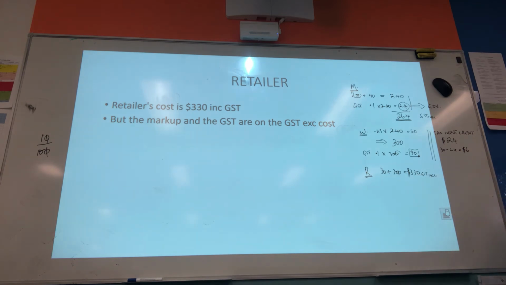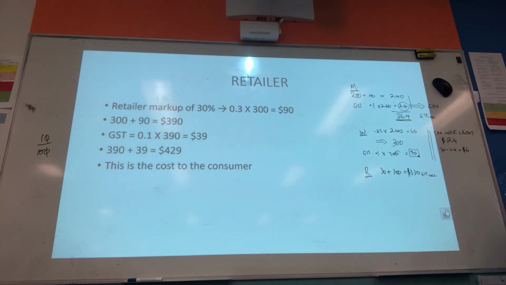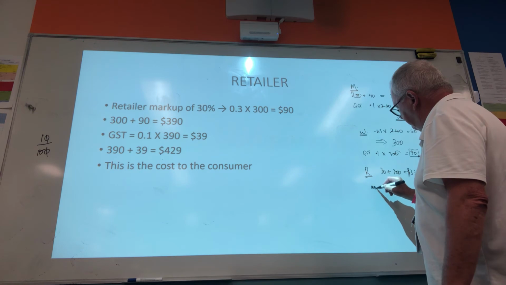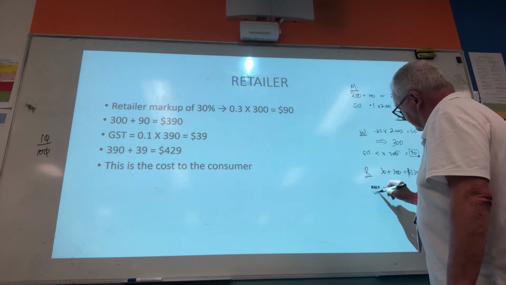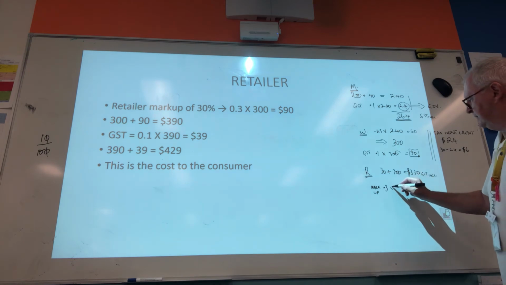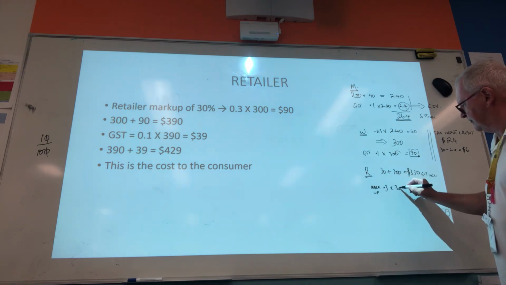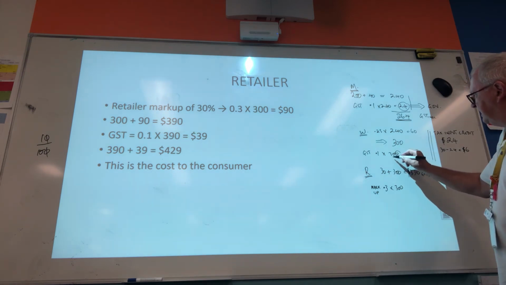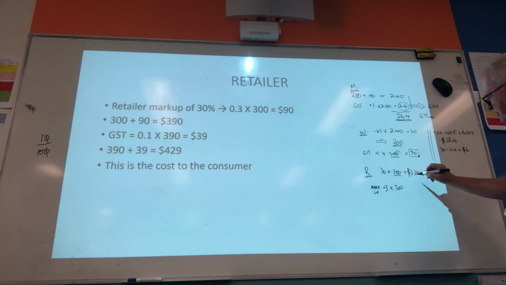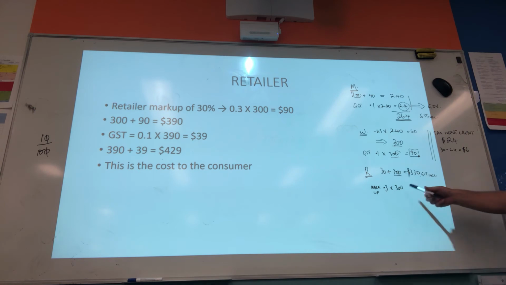So his markup is 30%, which is 0.3 of the 300. It's that number there. It's not the 330, because you're not allowed to mark up the $30 tax.